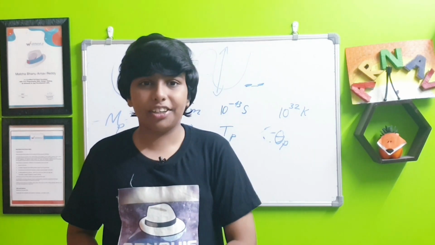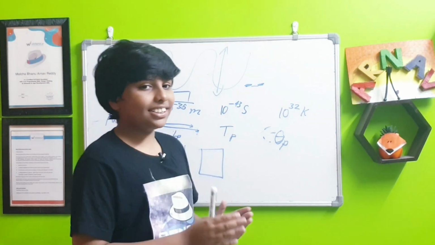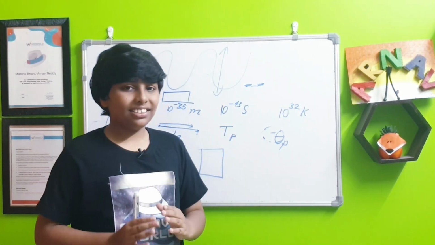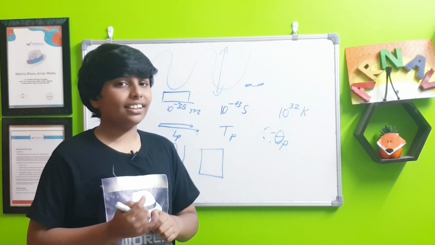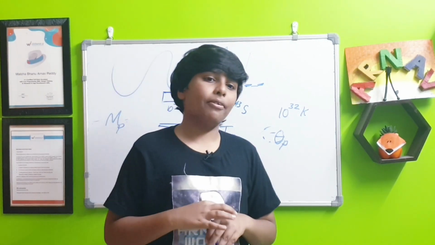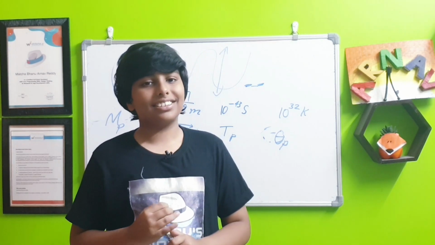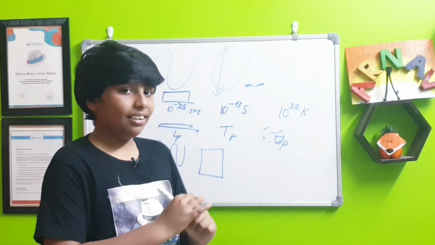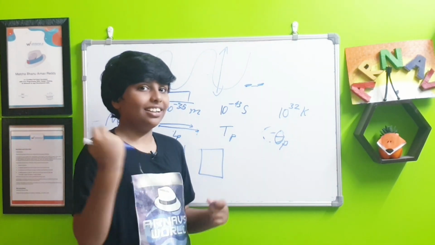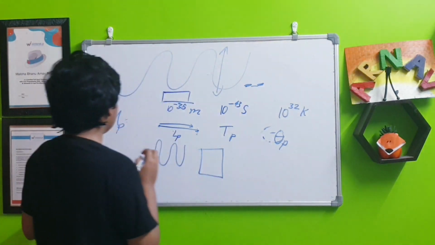There are many more Planck units: Planck energy, Planck mass, Planck density, and things like that. Finally, before we go, we are going to discuss Planck density. Planck energy is kind of hard to understand. It's a very small value.